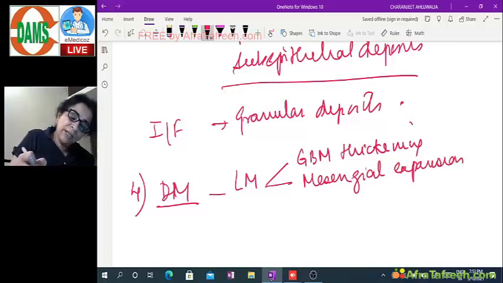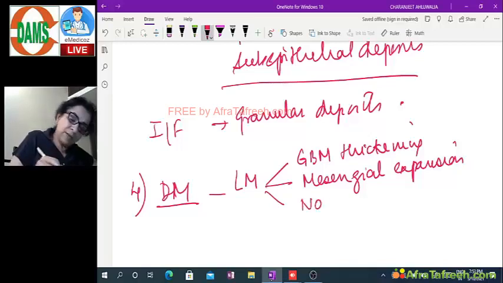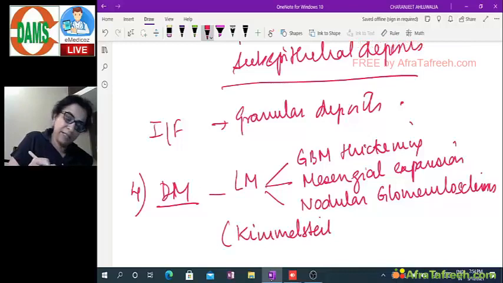Now third, diabetes can cause nodular glomerulosclerosis. Nodular glomerulosclerosis is also called Kimmelstiel-Wilson disease.